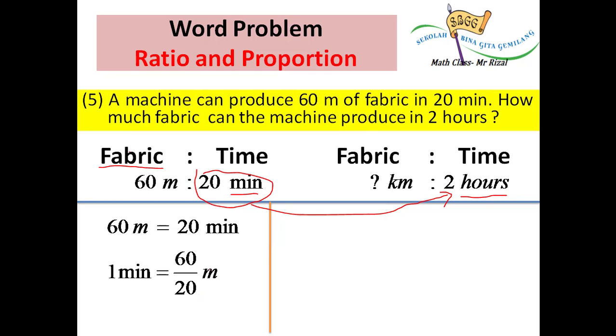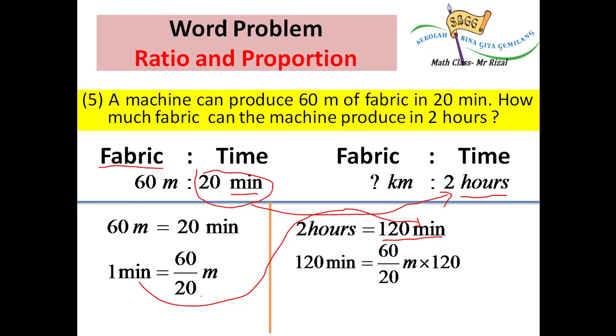But this is minutes, this is hours. What must you do? Yes, change 2 hours into minutes. 2 hours equal to 2 times 60 equal to 120 minutes. Okay? Because the unit already says minute to minute, so we can make it. If 1 minute is 60 out of 20, 120 minutes is 60 out of 20 times 120.